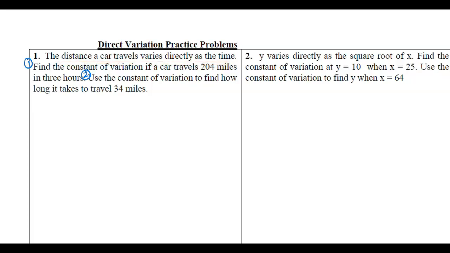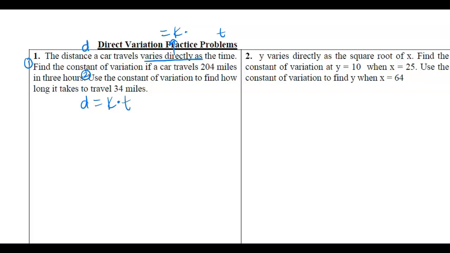So this says the distance the car travels, so we'll say d, it varies directly as, so that means equals k times the time, which is t. So the formula that I should have is d equals k times t.